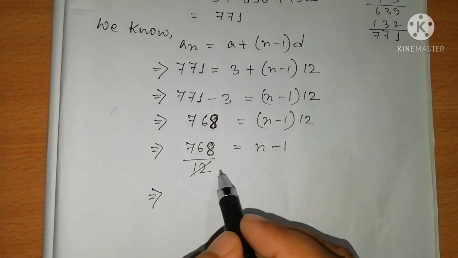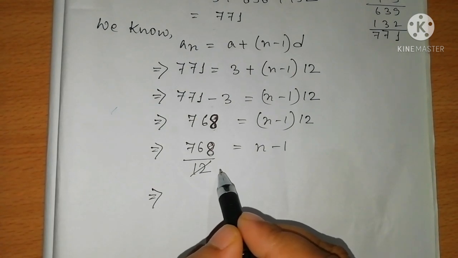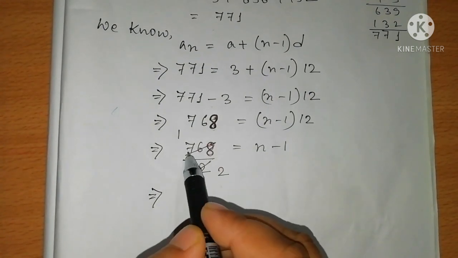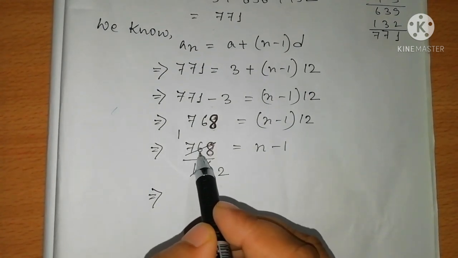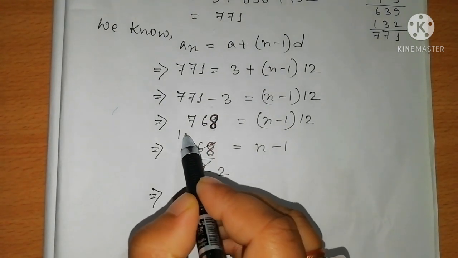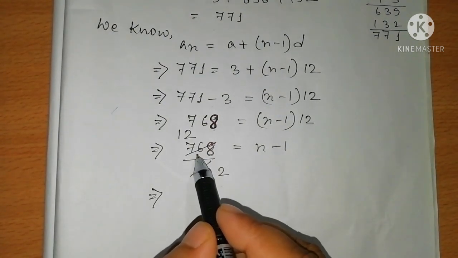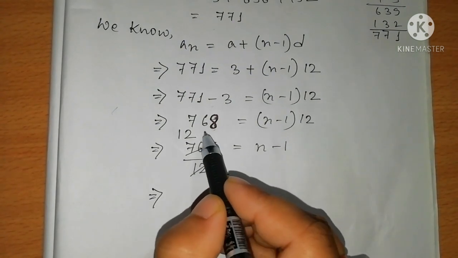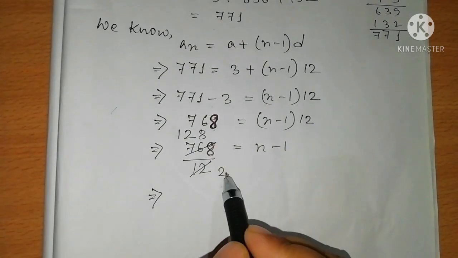Directly by 6 we can do: 6 2s are 12, 6 1s are 6, 6 3s are 18, so 6 2s are 12, 16 minus 12 will be 4, 6 8s are 48.